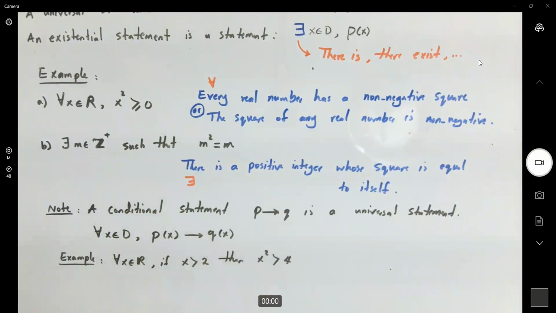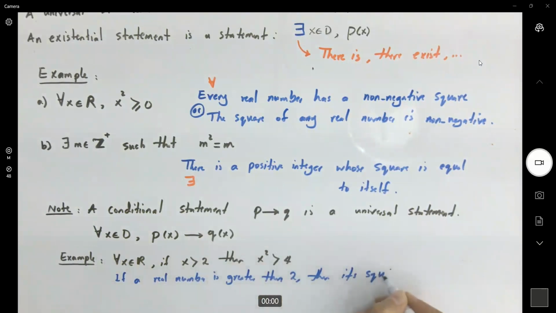So how do we translate this? The translation can be written this way. If a real number is larger than 2, then its square is larger than 4.